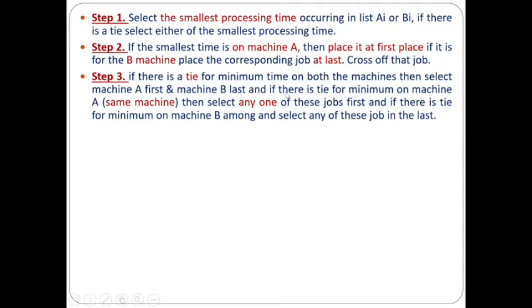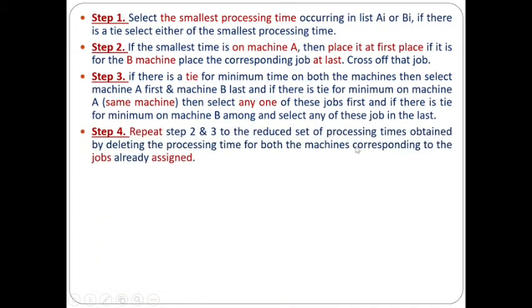But if there is a tie for the minimum on the same machine, say machine A, then we can select any one arbitrarily and place it at the first place, and the second tie job in the second available position. And if there is a tie on machine B itself, we can do the same thing: choose any one and schedule it in the last available position first, and then the next last available position.